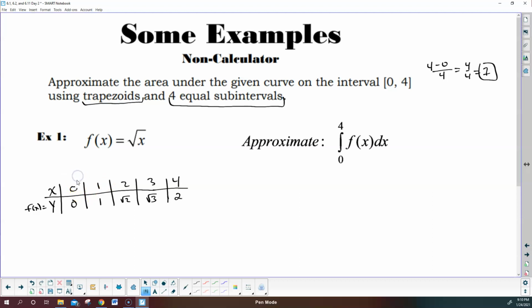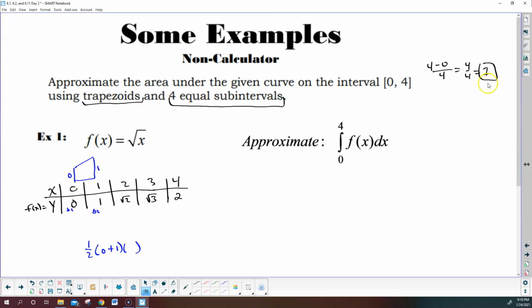I'm going to go up. And now this is interesting because it's a 0, but even if you accidentally drew it like this, okay, you would put a 0 for base 1 and a 1 for base 2, and you would still do 1/2 times 0 plus 1 times the height, which is the distance between.